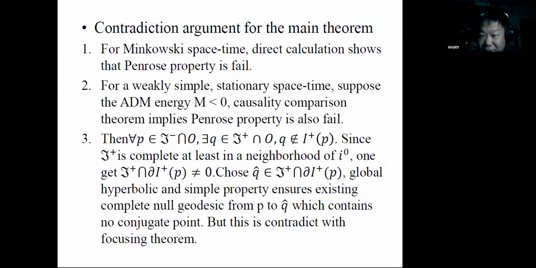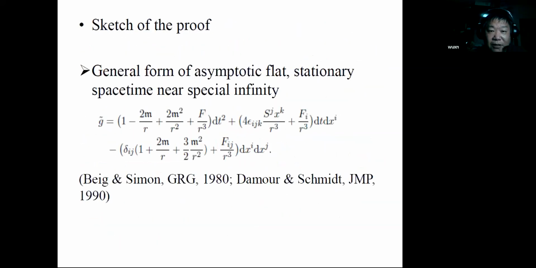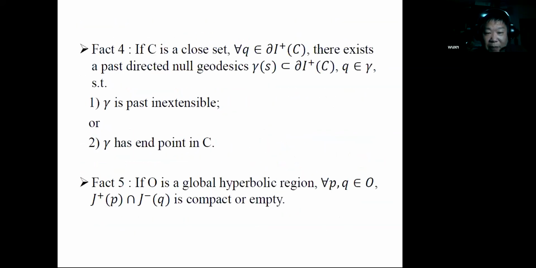For the Minkowski spacetime, you can do the calculation directly, so you know that such things always exist. And the global hyperbolicity and the simple property ensure that there exists a complete null geodesic from P to Q. I should remind you that we use this fact.